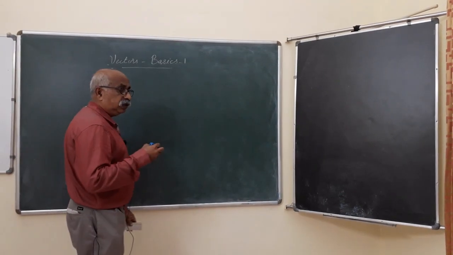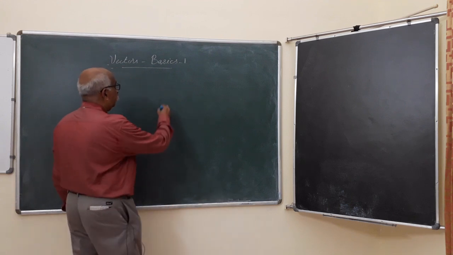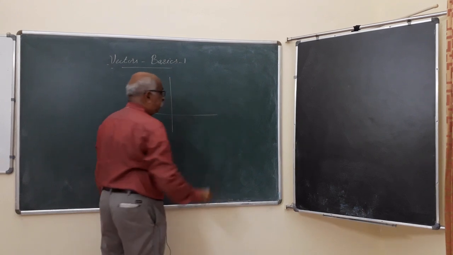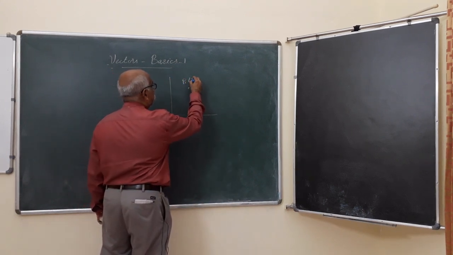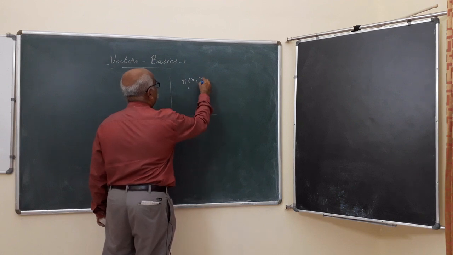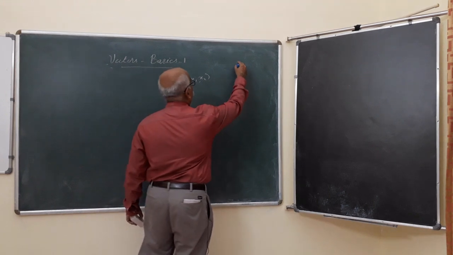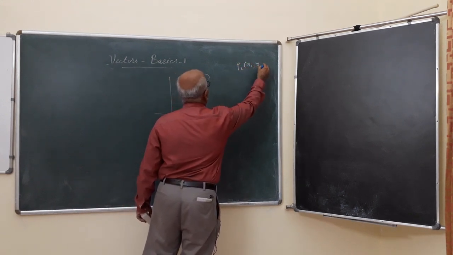Now let us consider the displacement vector. You consider a two-dimensional plane in which a point P1 is specified by the two coordinates x1 and y1. Another point P2 is specified by the coordinates x2, y2.